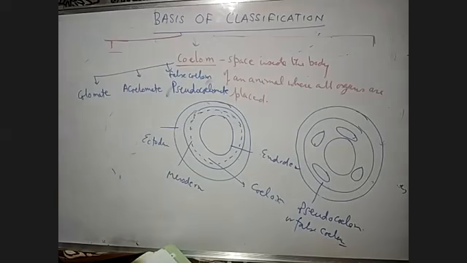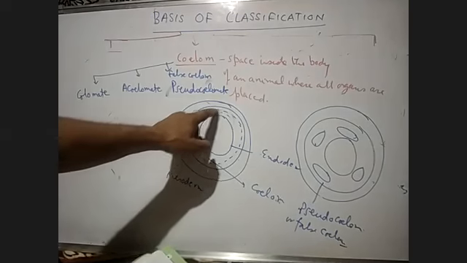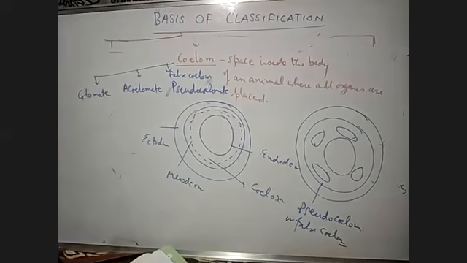The body cavity or coelom which is lined by mesoderm is called the coelom, and animals possessing coelom are called coelomate. Examples are Annelida, or the earthworm, then Mollusca, Arthropoda, Echinodermata, Hemichordata, and Chordata.